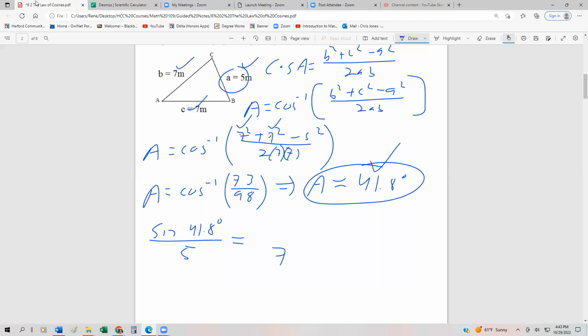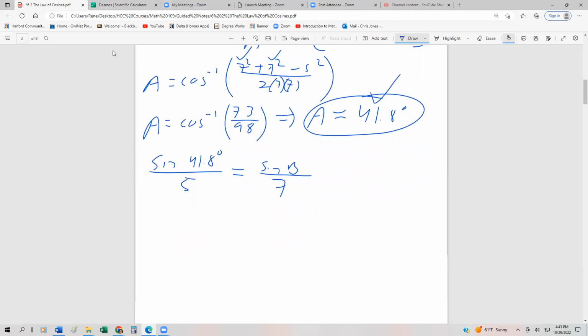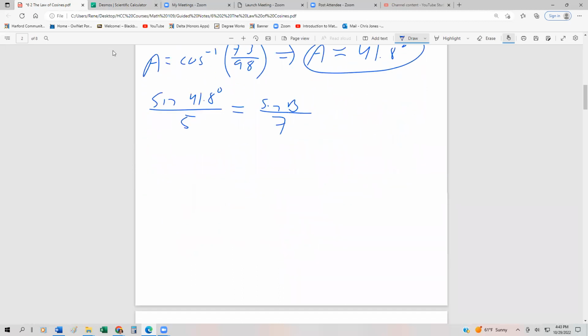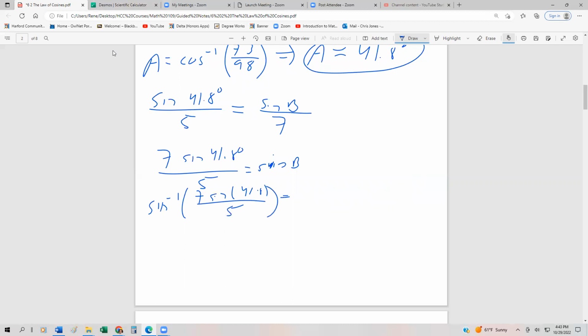So let's have 7 over sine of B. Now we can multiply both sides by 7. We have 7 sine 41.8 degrees divided by 5 equals sine of B. Then I can find the inverse sine.